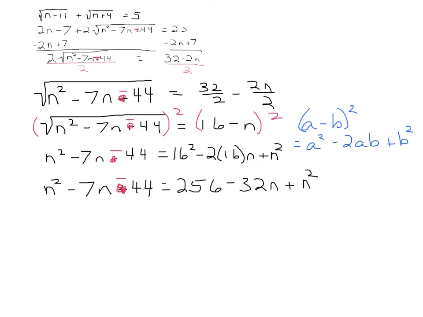Let's subtract everything on the right from the left in order to get 0 on one side of the equation so we can solve for n. So we're going to do minus n squared plus 32n minus 256.